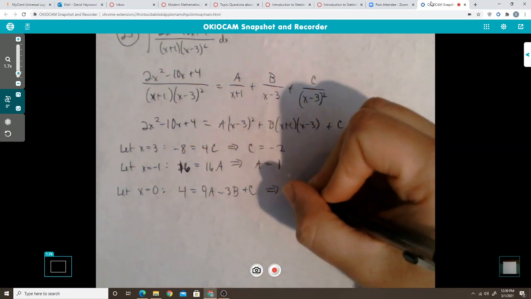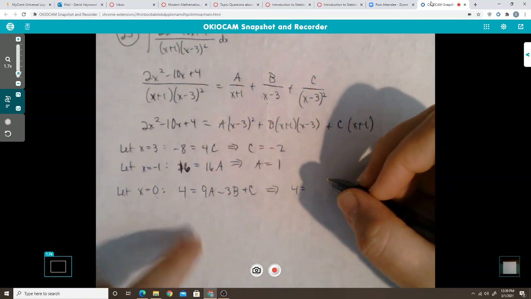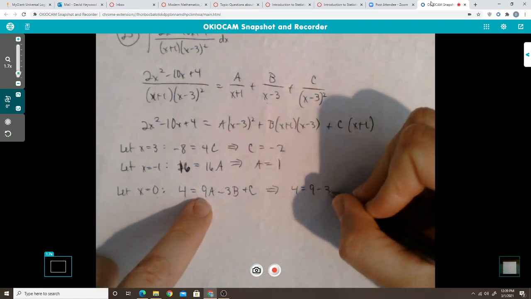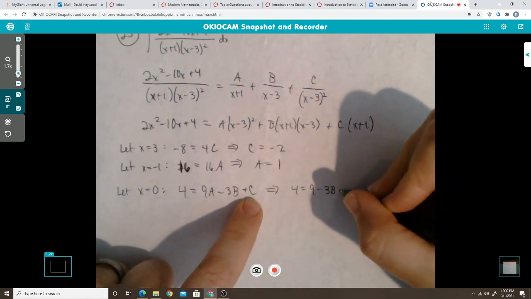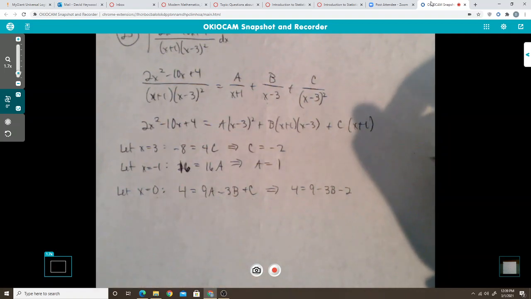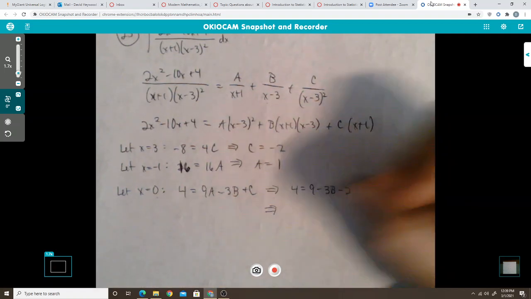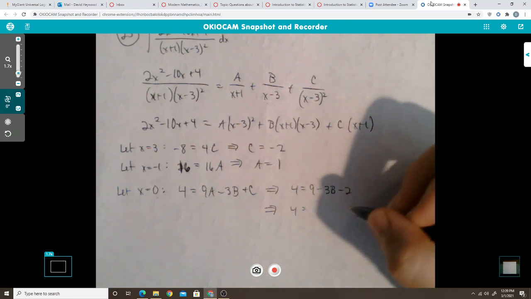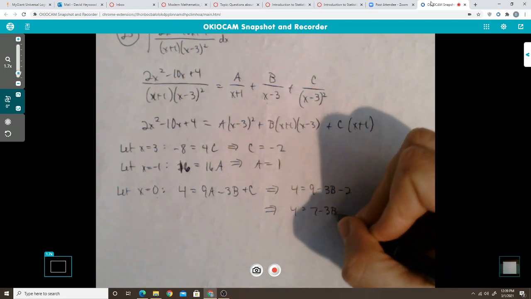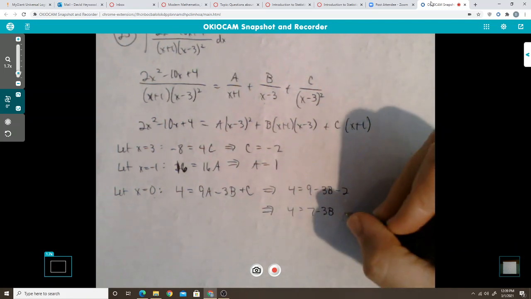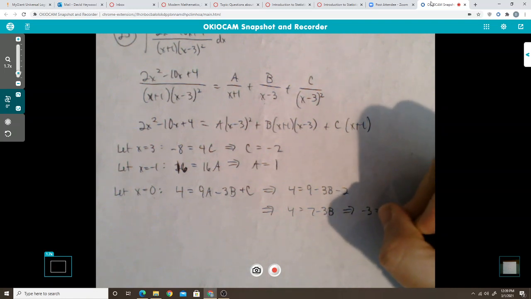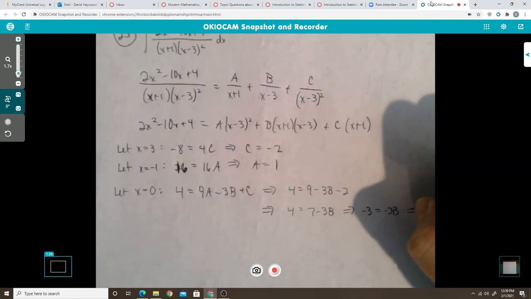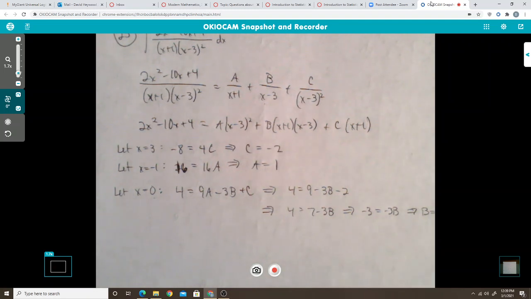So 4 equals 9 minus 3b minus 2. So 4 equals 7 minus 3b. Can subtract the 7. I get negative 3 equals negative 3b, so b is 1. And there you go, right?